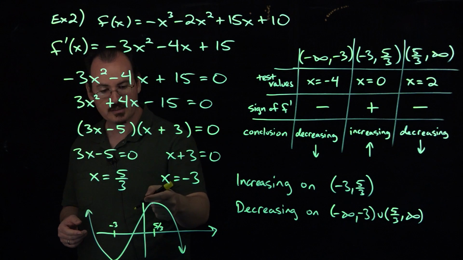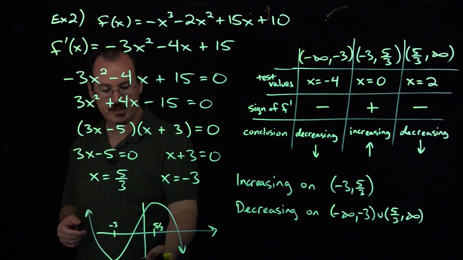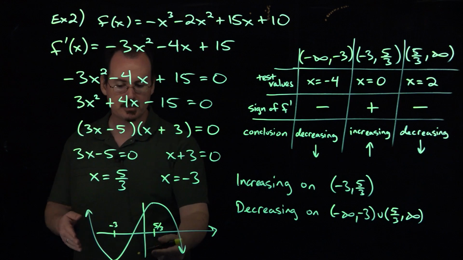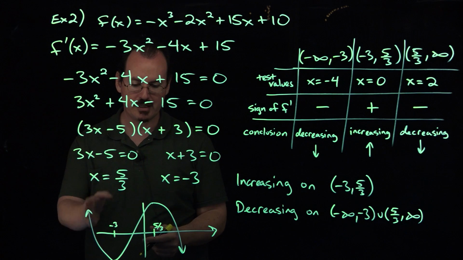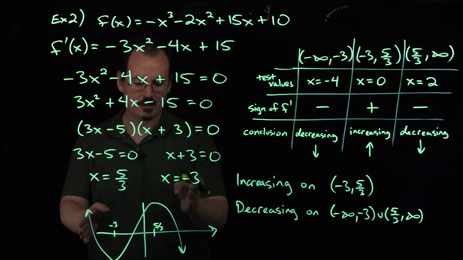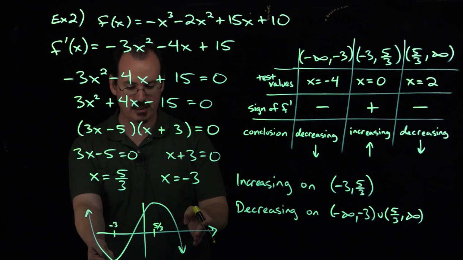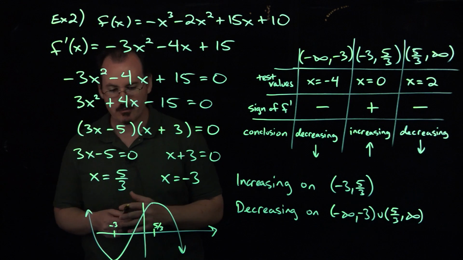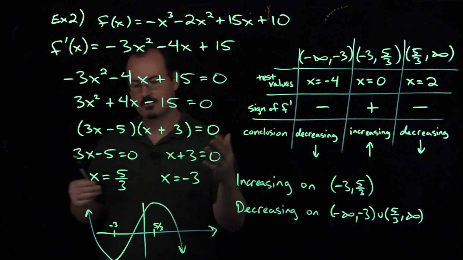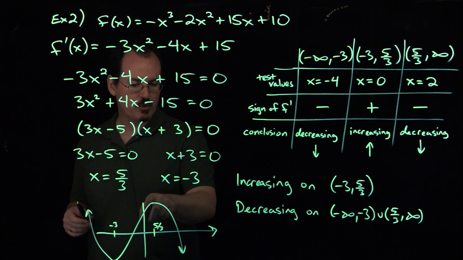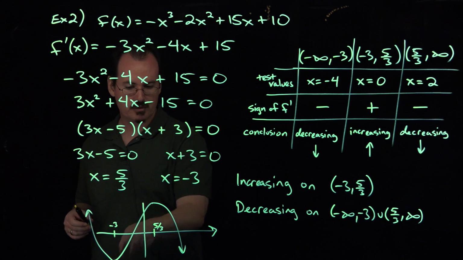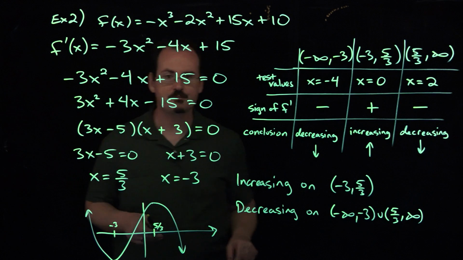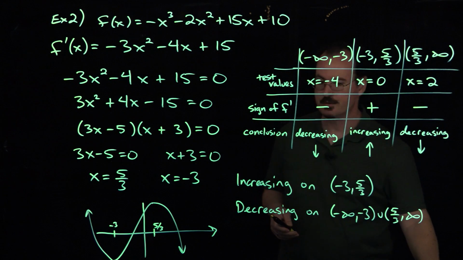I think I have my window set at 60 for the maximum up here, and then minus 60. So if you really want to see this, you're going to want to set your x min to be maybe minus 8, your x max to be maybe 8, and then the y min should probably be around minus 60. The y max should probably be about plus 60. But really, for the purposes of what we're doing here, we just want to notice what's happening at these critical numbers. We have a maximum here, we have a minimum here. That's where we're going to be going for most of the rest of this section.